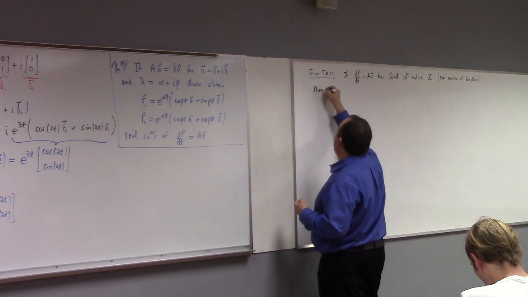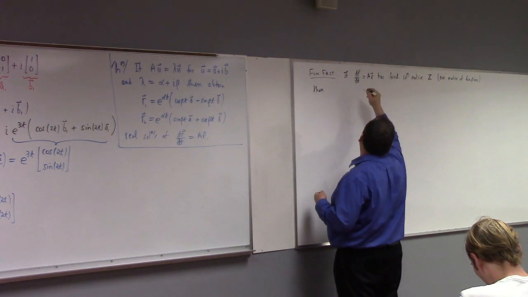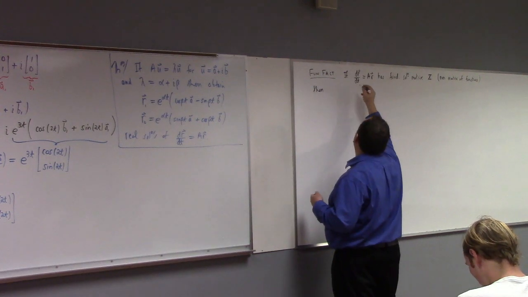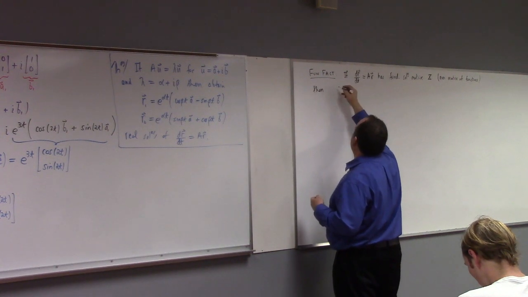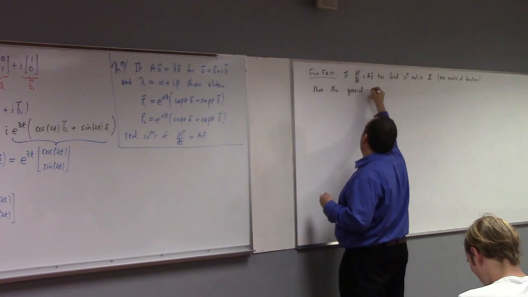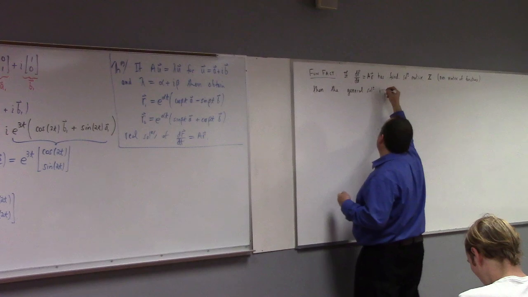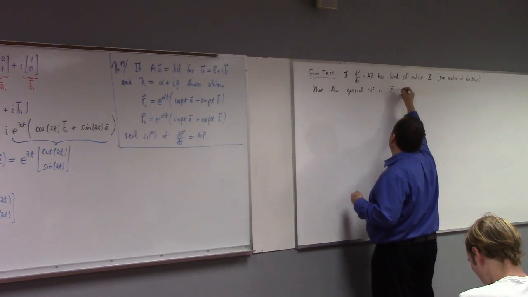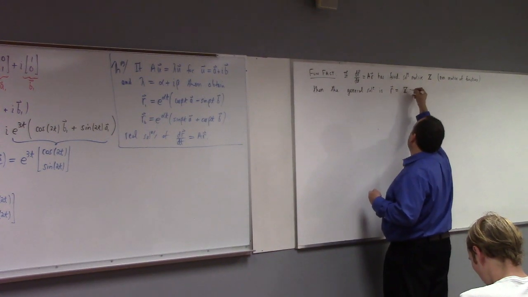Then the general solution is R equals X times a constant vector.